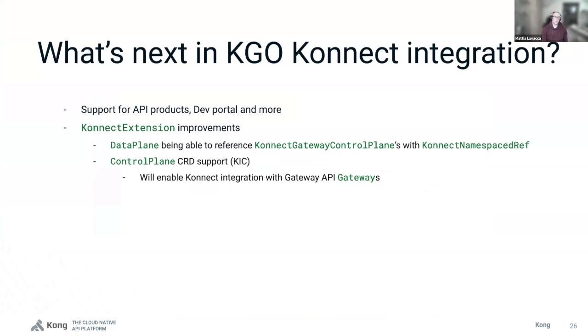And also we want to improve the Konnect extension CRD in basically two different ways. The first one is to allow the data plane to be able to reference the Konnect gateway control plane with a Konnect namespace ref, which means in practice that you won't need to switch between the terminal and the Konnect UI to grab the control plane ID and set it into the Konnect extensions as we did before.